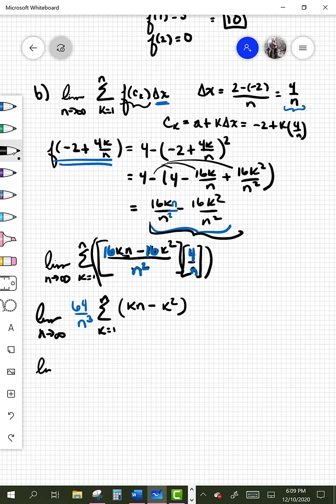So using those, we have the limit as n goes to infinity of 64 all over n cubed, all times n. The summation of k from 1 to n is equal to n times n plus 1 all over 2.